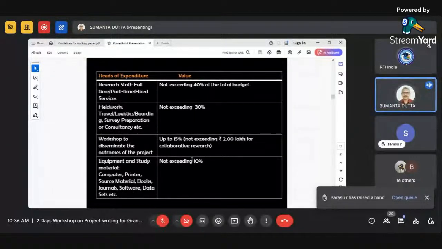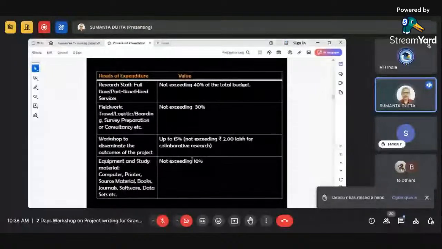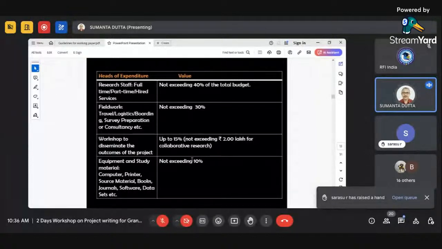All the data should be recorded properly, like in the form of geotagged pictures or something, and proper documentation must be kept, for any kind of audit, any kind of recording purpose or proof purpose. Now, for this, maybe there's a requirement for purchasing some computer, printer, books, journals. So automatically you have to purchase that depending on the nature of your work.